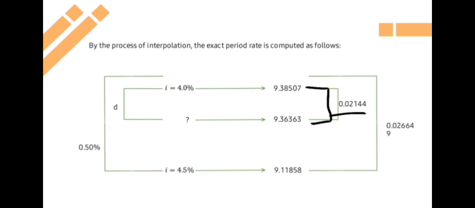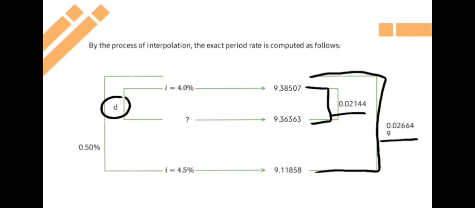Then ang difference naman ng 9.38507 at yung 9.11858 is 0.026649. So para makuha natin yung difference or yung d-factor dito, kailangan natin itong mga differences na to.